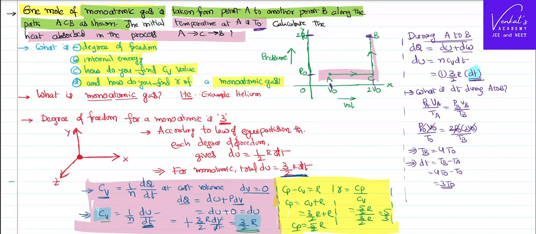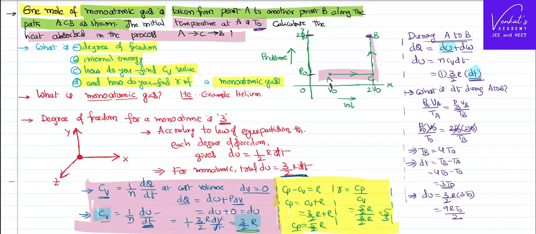Now I got the value of dT. I can substitute that and get the change in internal energy. dU equals 3 by 2 R times 3T0. So the value is 3 times 3, 9RT0 by 2. That's the value of dU.